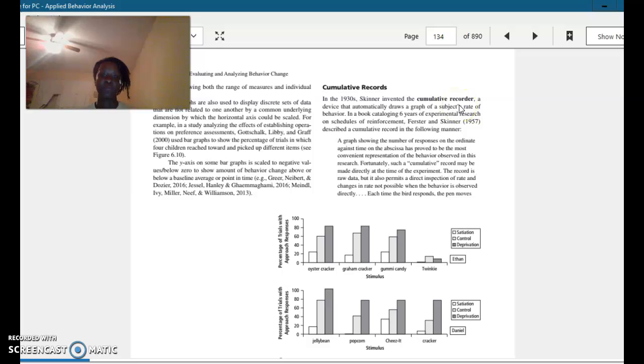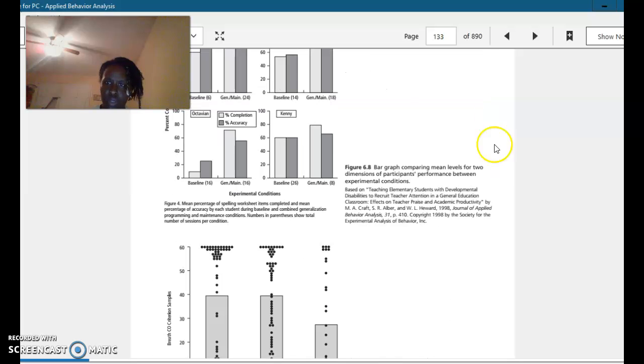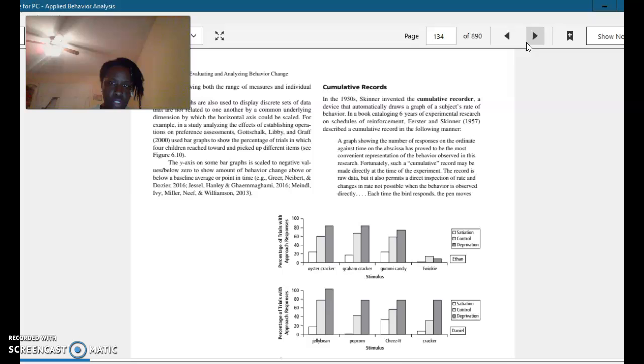Now we have cumulative records. If you remember, we first went over this in Module 1, where we defined a cumulative record as an automated data collector that uses a pin on a continuous loop. This machine was invented by B.F. Skinner in the 1930s.